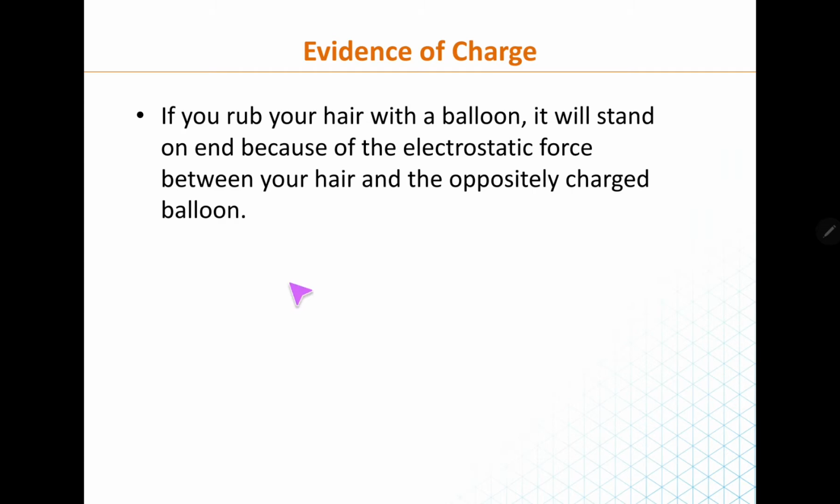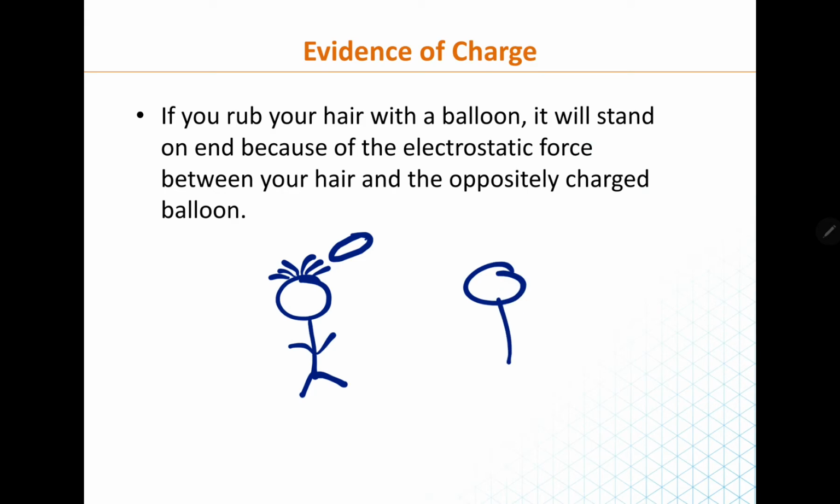What does that mean? Suppose that we have a man here. I know I'm terrible at drawing, but here is his hair. If we rub his hair with a balloon, we will notice that his hair will stand on end.